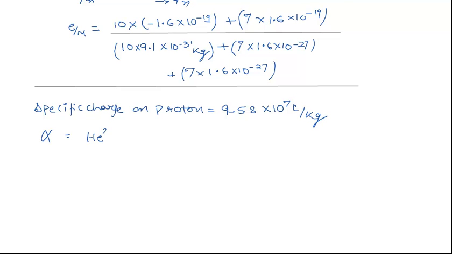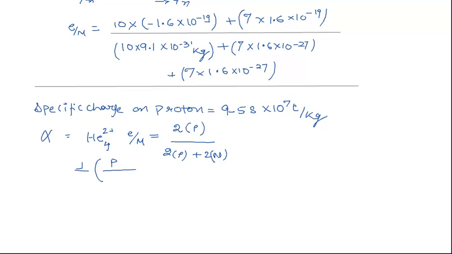Now in an alpha particle, that is your helium nuclei, you have got this thing. There are no electrons, I'm sorry for that. So the charge will be of the 2 protons. That is 2 proton charge upon mass of 2 protons plus mass of 2 neutrons. Or we can say it would be 1 by 4 into charge of proton, 1 by 2.